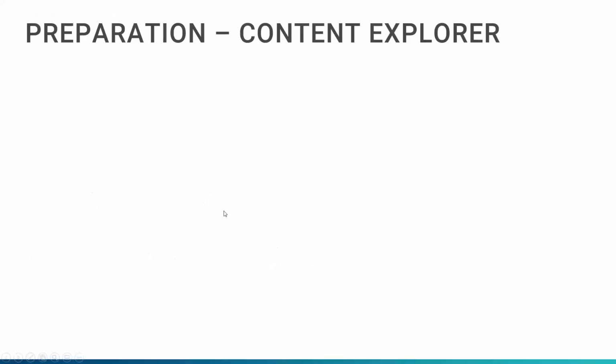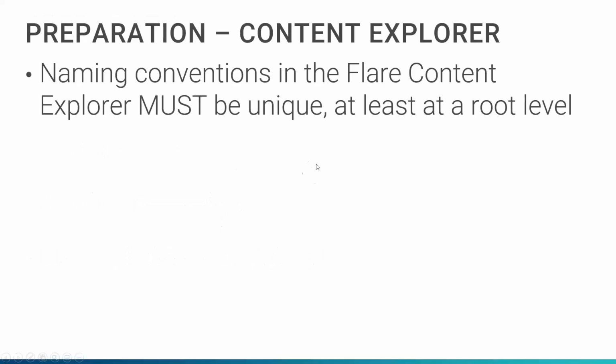Now, what do I mean by that? Well, the key thing, if you look at this bullet on screen right now, that last little phrase, at the root level, that is where things need to be unique, because that is what sets up the overall path information. As long as the path is unique, the individual topics can be the same.